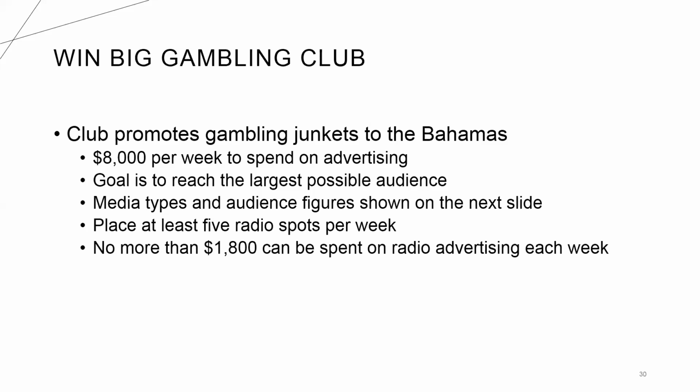And there are different media types, which are shown on the next slide, that are going to tell us how many people we reach, how much it costs, and so on. But we have two other constraints here before we go to the next slide, which is that we need to place at least 5 radio spots per week, and no more than $1,800 can be spent on radio advertising each week. Okay, so those are some limits we have on radio advertising.